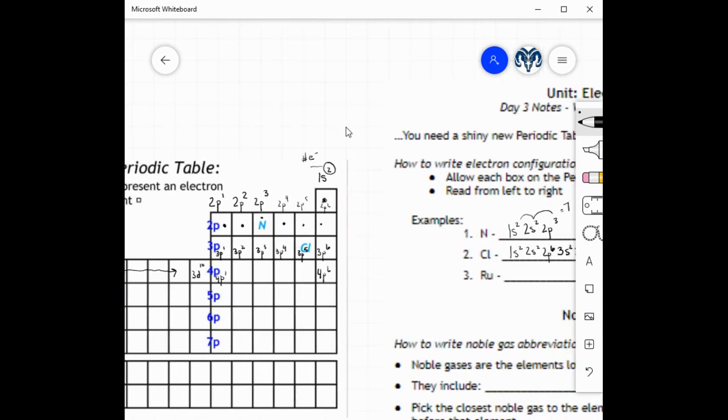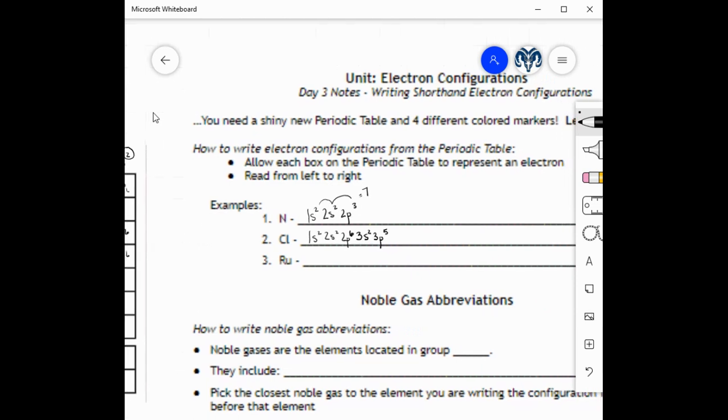So for this one, the electron configuration is a long one. It is 1s2, 2s2, 2p6, 3s2, 3p6.